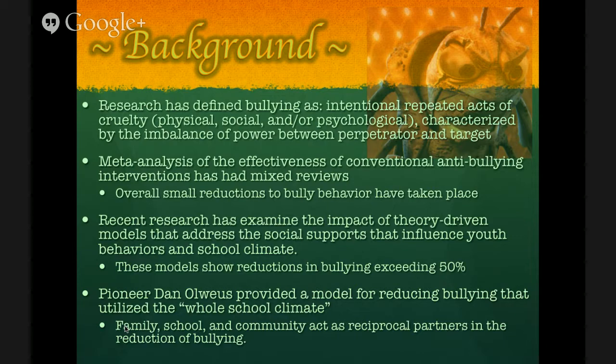Pioneer Dan Olweus has provided a model for reducing bullying that utilized the whole school climate. So he took family, he took school, and he took community and made everyone act as a reciprocal partner in the reduction of bullying.